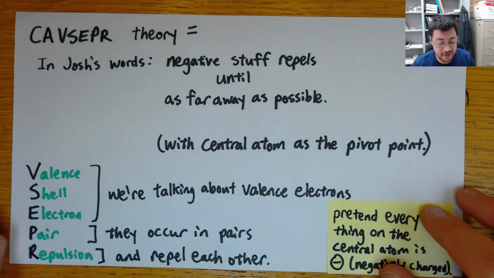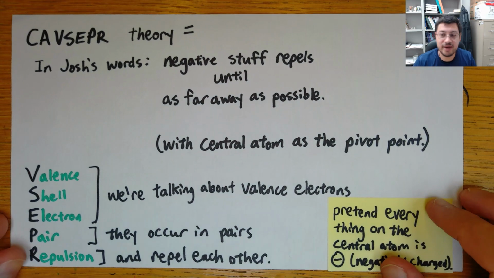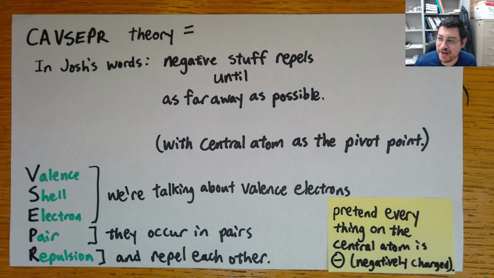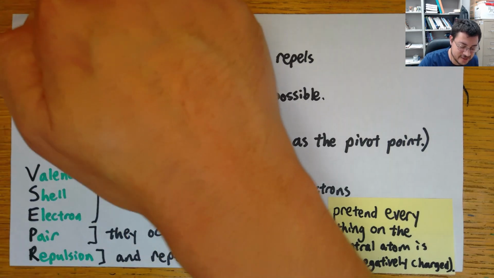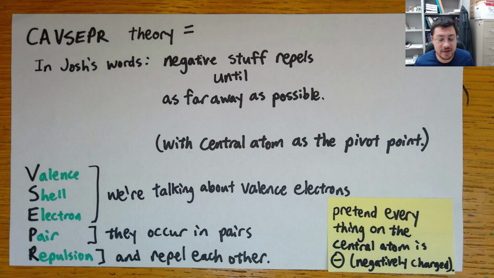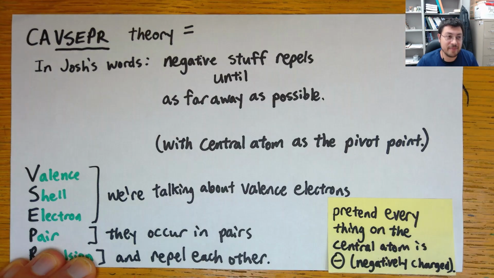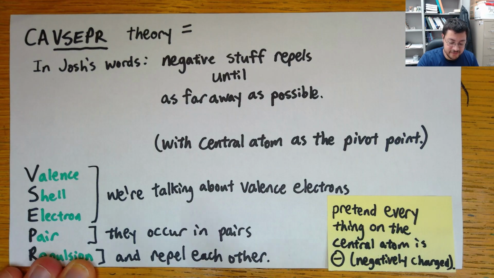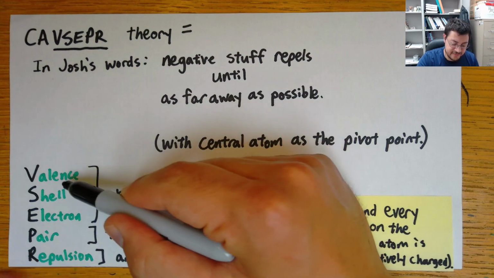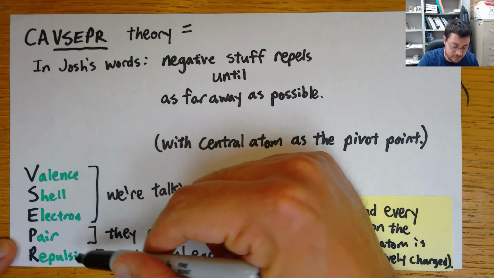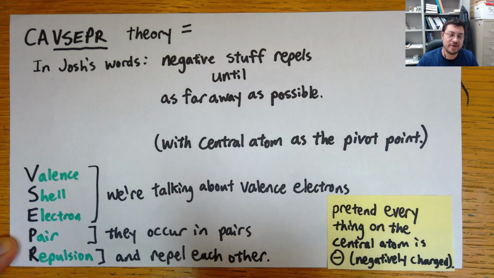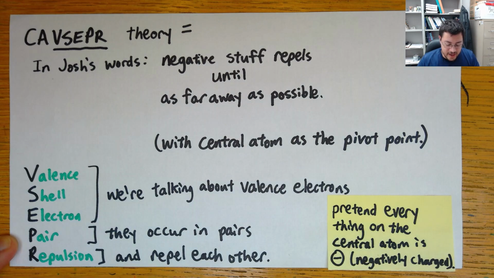Hopefully I can make this less intimidating with a few minutes of talking about it. We've got to talk about this doohickey called VSEPR. I put a CA in front, I'll explain what that means in a minute. When you're taught VSEPR, it stands for Valence Shell Electron Pair Repulsion Theory. It's a theory. That's a mouthful, so let's demystify that.